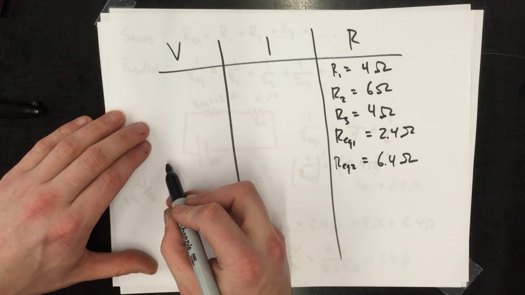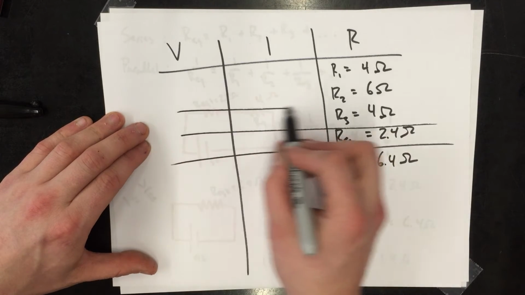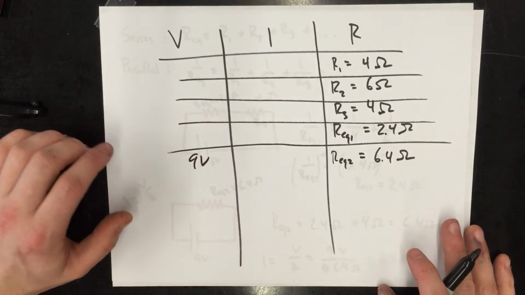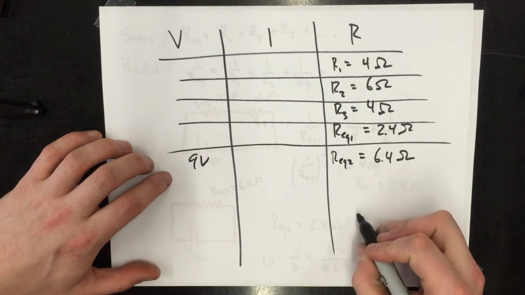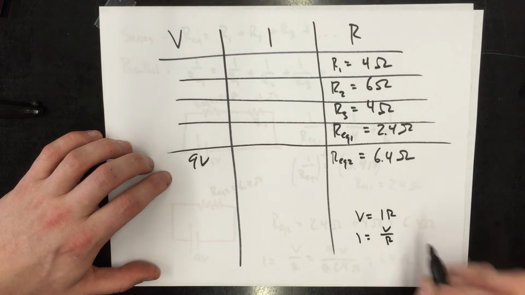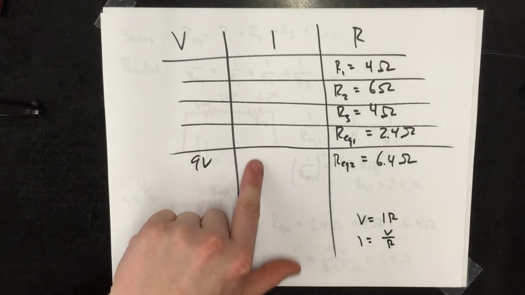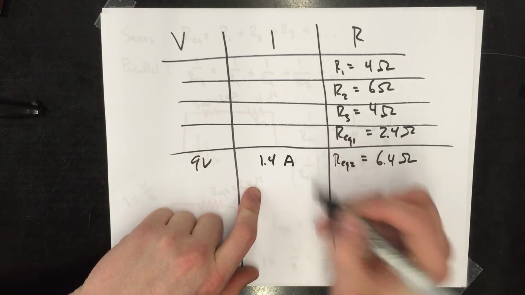So if I'm filling out parts of my table, I could put 9 volts here. Notice that these three variables are variables of Ohm's law. V equals IR, or I equals V over R, depending on how you like to see it. So I could solve for my I, which I just did, and I got 1.4 amps.